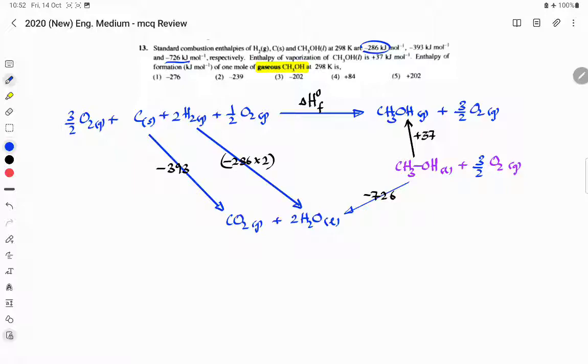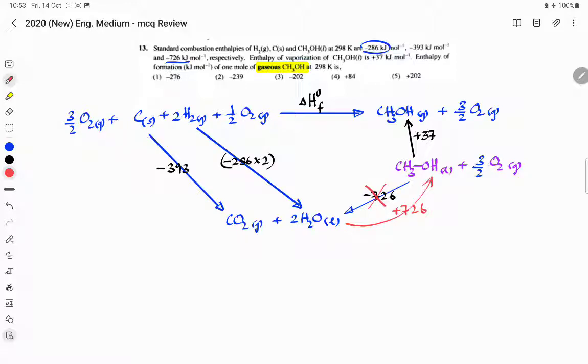We have to make, let's say this one, we can inverse this value here. We can change the direction of the arrow and make this a plus value. So let's do that. Now we are just eliminating this whole thing, and we are putting the arrow backwards and making the sign plus 726.